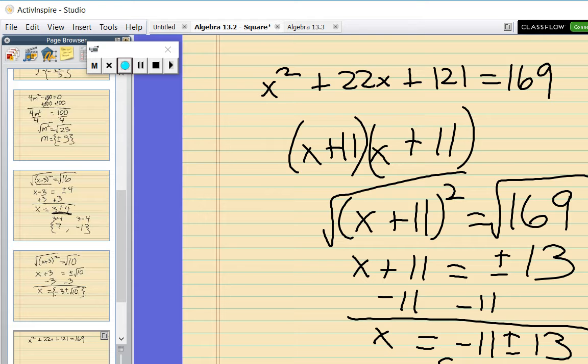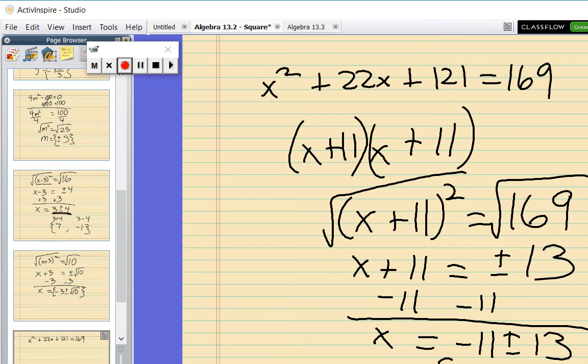Negative 11 minus 13 is negative 24. If we had done it with the factoring method, we would have got 0 on one side, and then we would have just factored it. And I can tell you right now, it was factorable because we came out with nice answers like this. Yeah, but the square root method works just as well here.